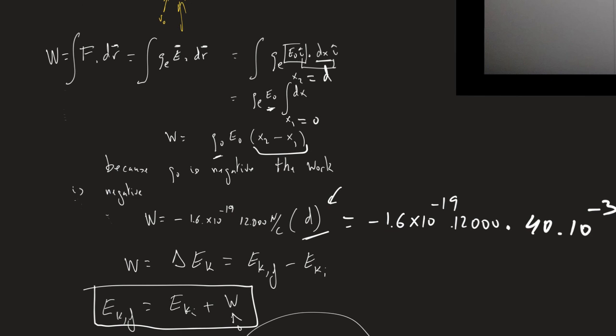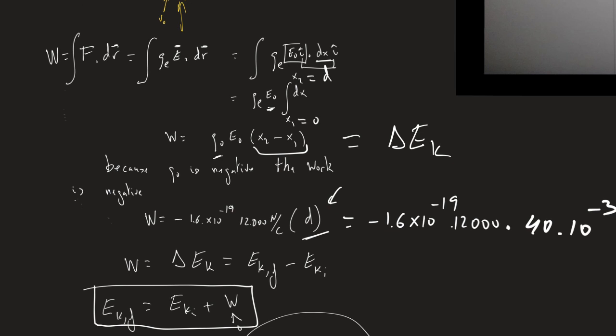What happened here is Q0 times E times (x2 minus x1), and x2 minus x1 is the distance d that separates the two plates. And Q0 is negative, so the work is negative. So we calculate the work and we apply our equation that the work is the variation of the kinetic energy.